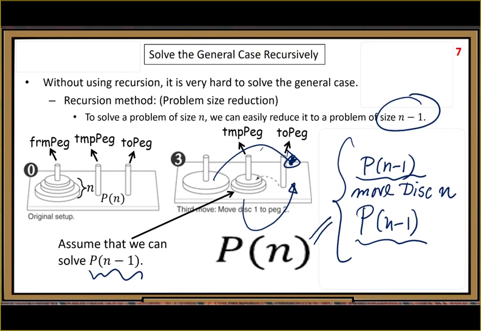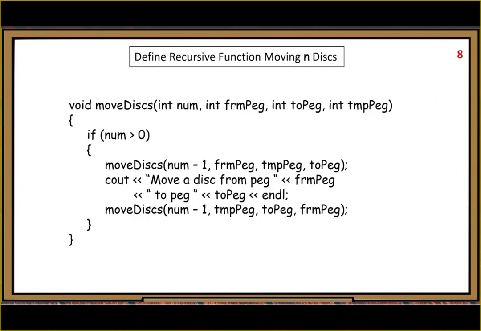Based on this recursive function structure, we can write pseudocode. So on the next slide, the pseudocode is like this. The move disk function is void, with no return; we just do the work inside. Then 4 parameters.